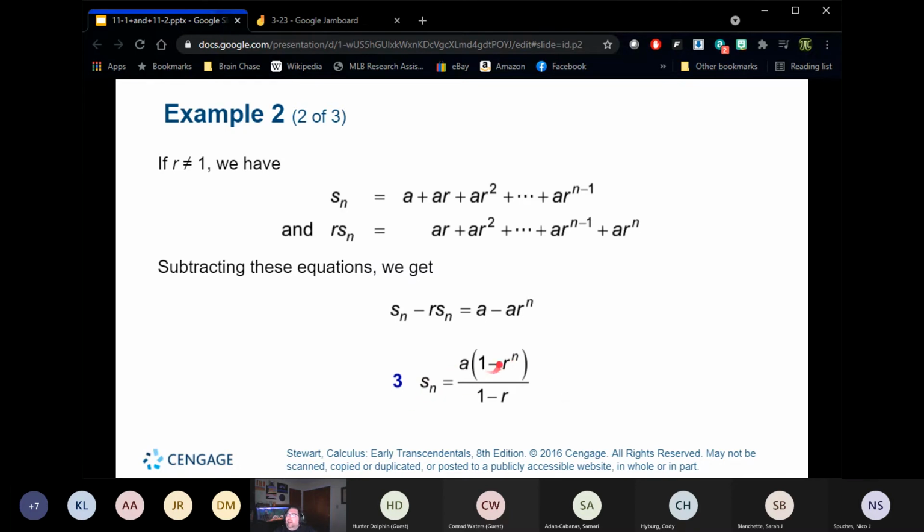So the sum is a times 1 minus r to the n over 1 minus r. You're going to need that to do some calculations when you're looking at the functions, so I would make sure you knew that. For any geometric series, that's going to be the sequence value.